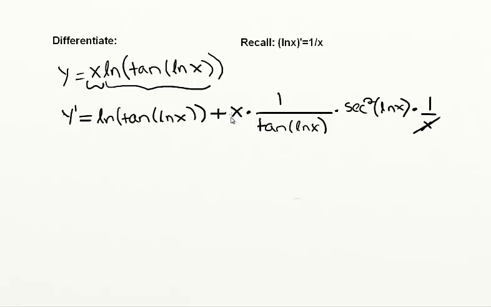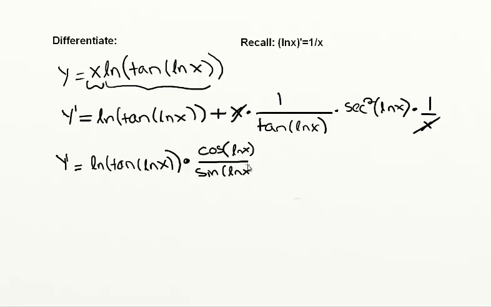So now we have that x and this x canceling out because everything is multiplied together. And we can go ahead and rewrite this as the natural log of tangent of the natural log of x. And now we'll notice that tangent is sine over cosine, so 1 over tangent is going to be cosine of the natural log of x over sine of the natural log of x.